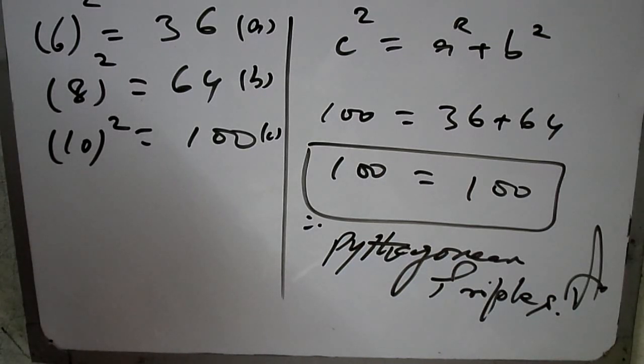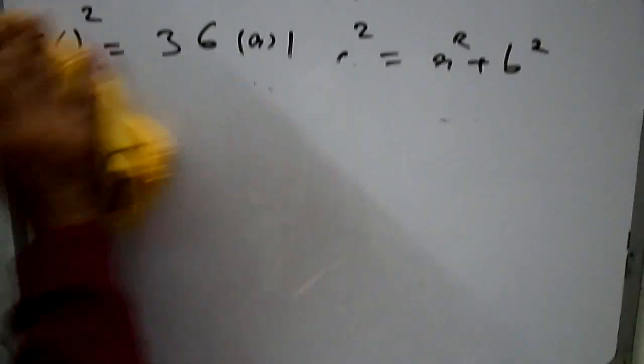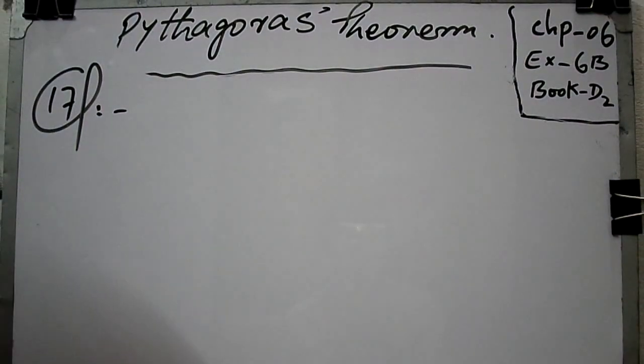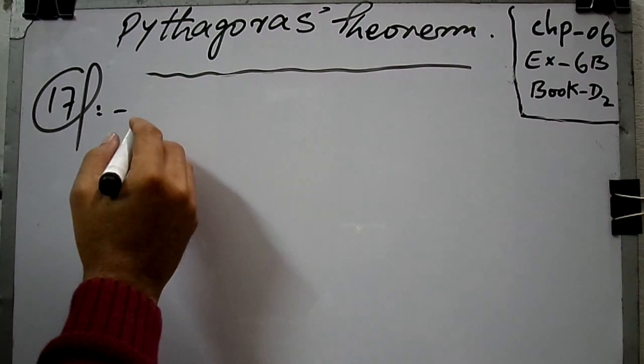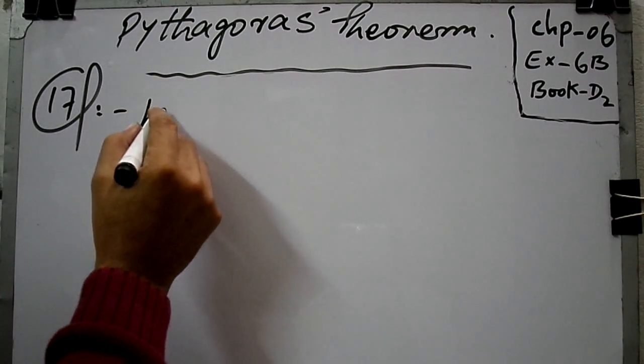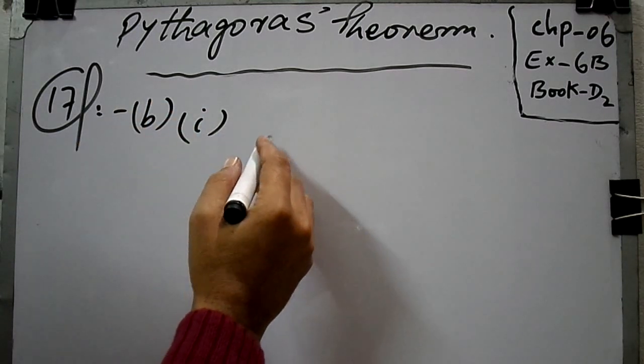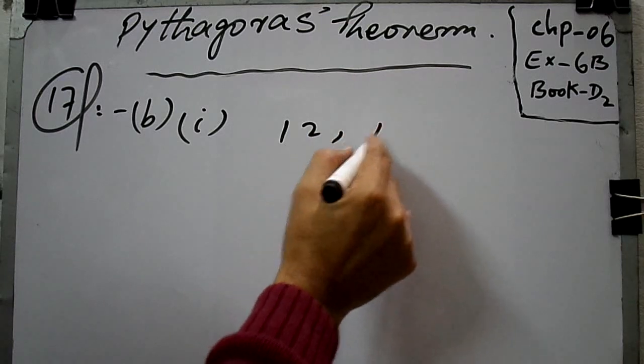So the given condition is that the first two integers are 12 and 16. You can see here, for the Pythagorean triple in B part, the first one is 12 and the other is 16.